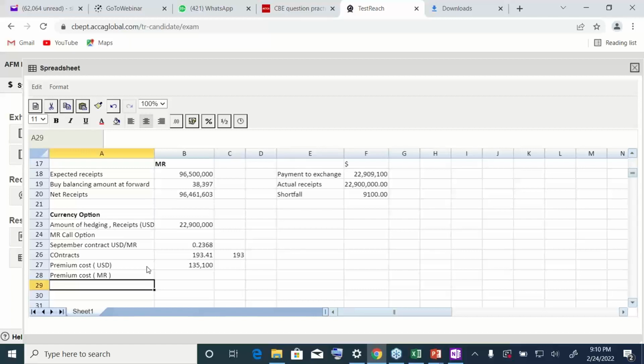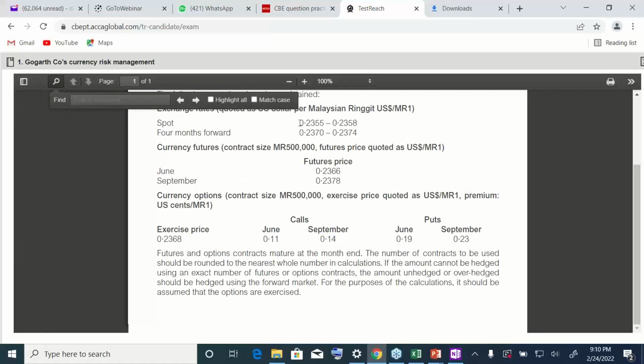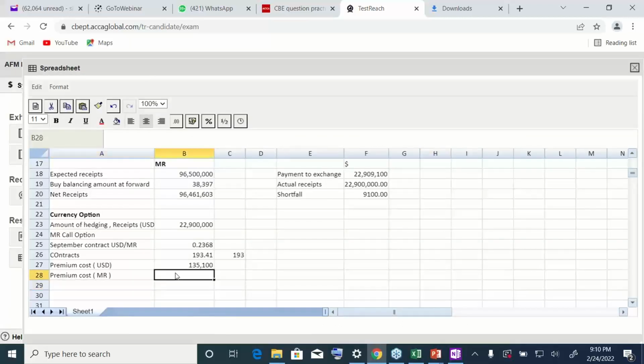We have to pay, yes. Excellent. We have to divide it with the lower rate. The lower rate is 0.2355.